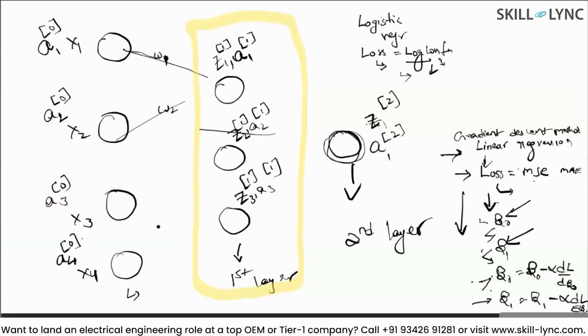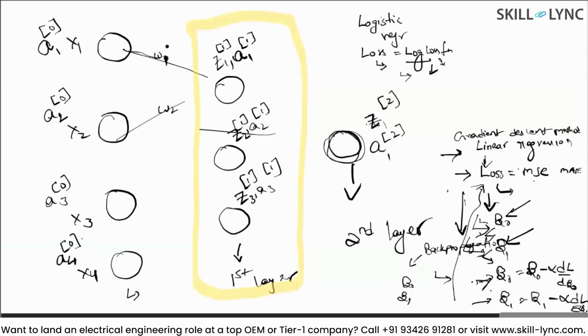And then what we are trying to do here is finding the derivative, updating our beta naught and beta 1, calculating the loss value again, taking the derivative again, and updating beta naught and beta 1 again. You're always going back and correcting your weights, in linear regression or logistic regression. So this going back and correcting your weights is called backpropagation.